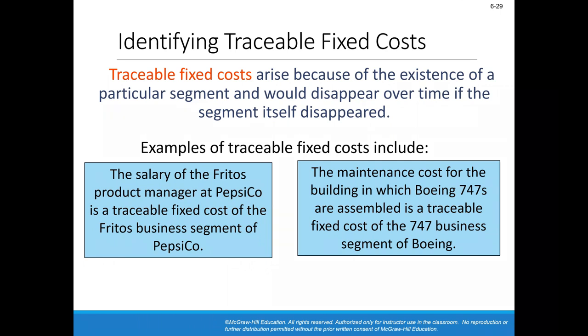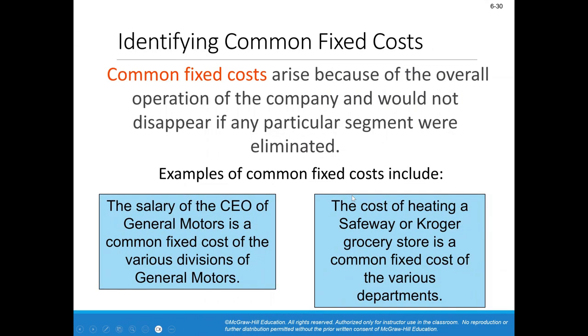For instance, here you see the salary of a Fritos product manager at PepsiCo is traceable to Fritos. The maintenance cost for a building in which 747s are assembled is traceable to the 747 business. Common fixed costs just arise because of the overall operation of the company and would not disappear. So if you had an HR department, you would probably have some traceable fixed costs.